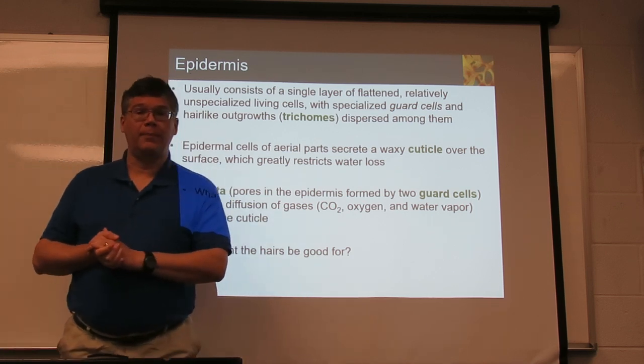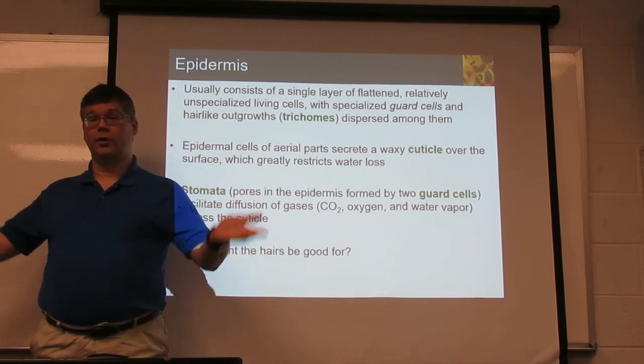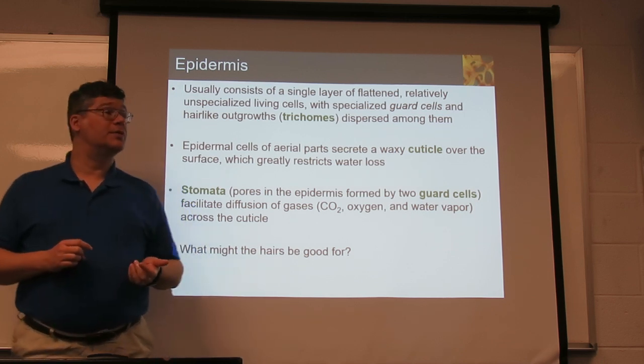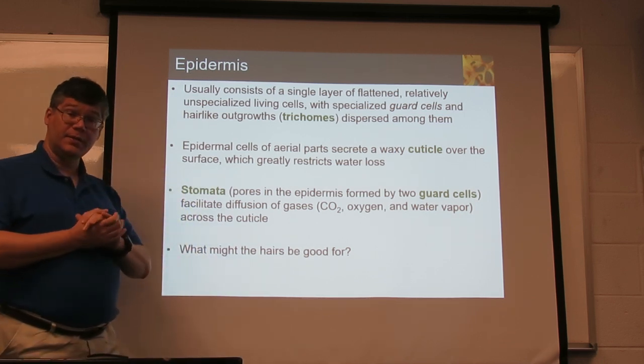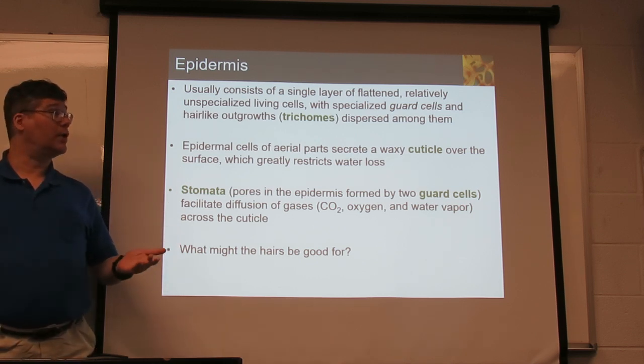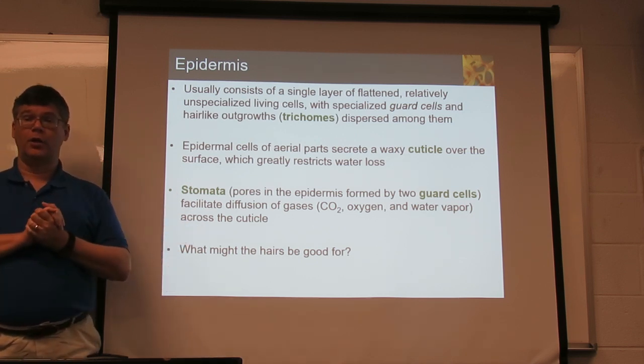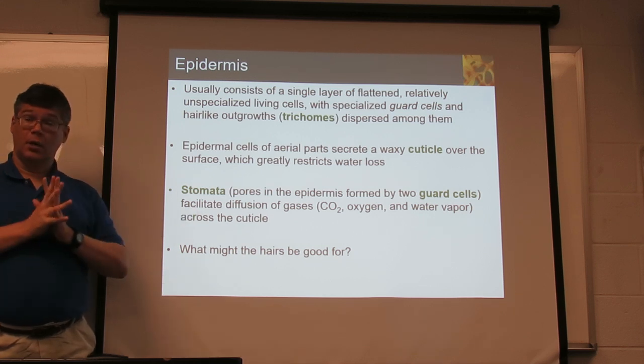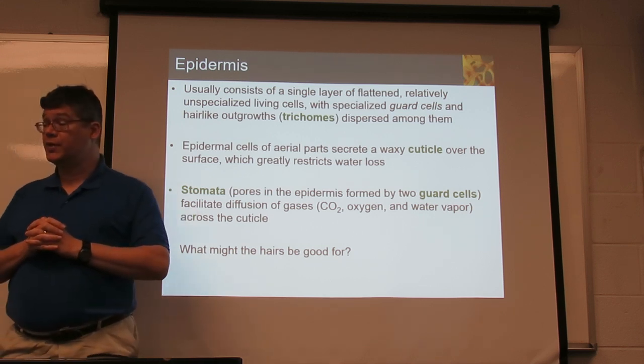Up on land, you're at risk of drying out. And so plants that live up on land characteristically have a waxy outer layer called a cuticle that helps keep them from losing as much water.